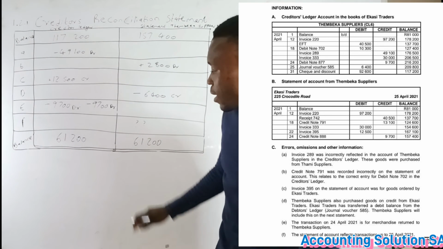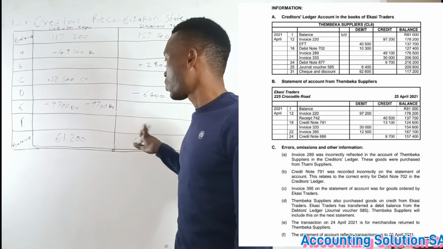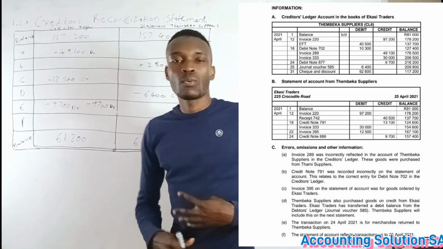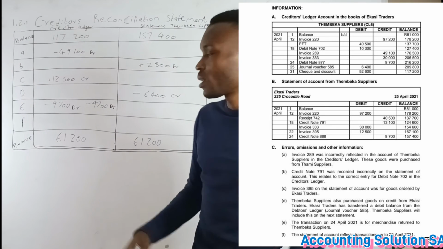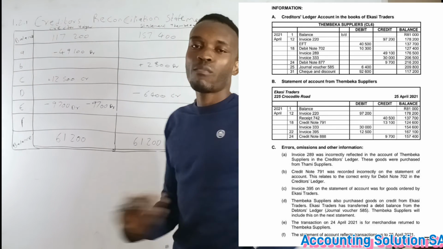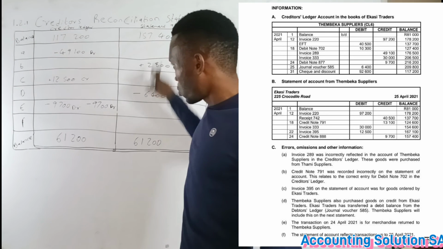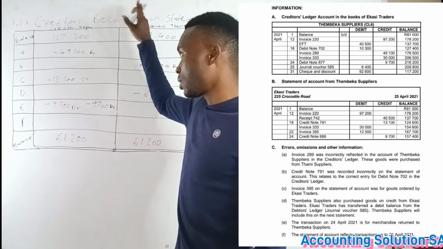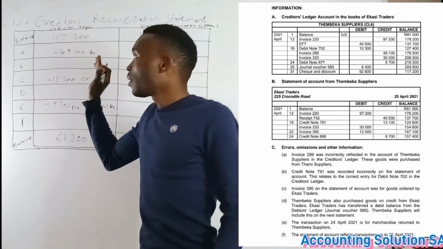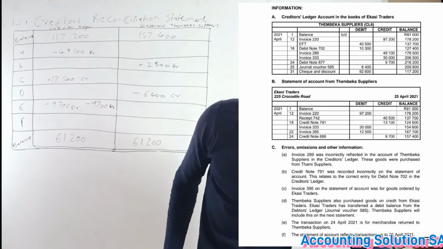Now, because we have this amount at the end, you can calculate your number F as a balancing figure, because in this case, they didn't give us an amount. But if they gave us this amount, obviously, what we were going to do, we were just going to calculate the total this side and total this side and get the same amount, as long as you didn't make any mistake from number one.